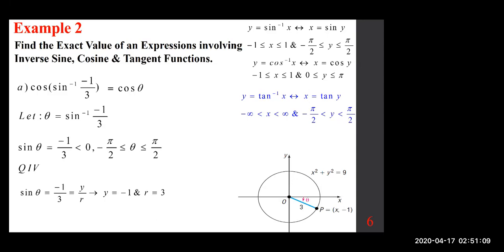We have y, we have r, we can find the missing x. I hope everybody can see why this is the case. Everybody can calculate that, right? Because x squared plus y squared, negative 1 quantity squared is 1, is equal to 9, x squared equals 8, and x is square root of 8, or 2 square root of 2.